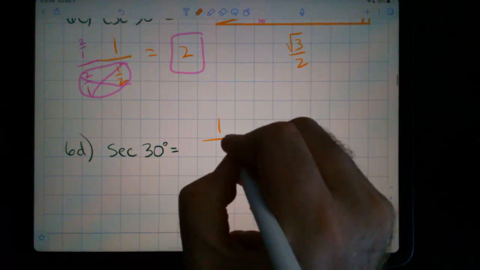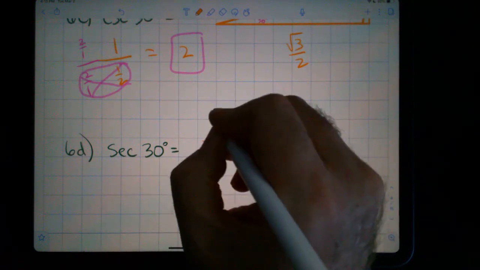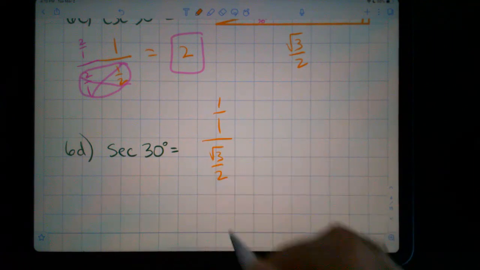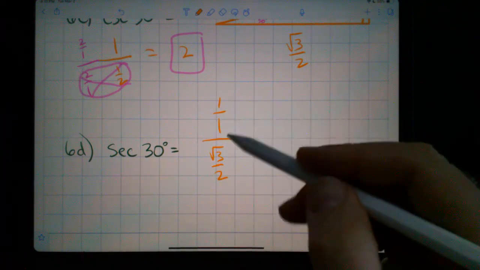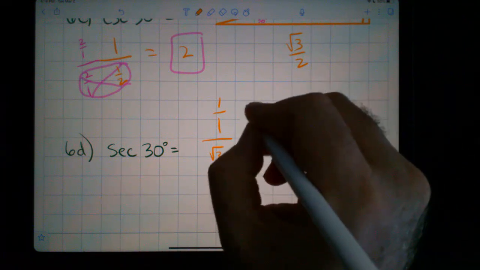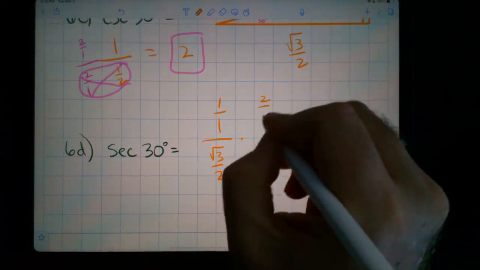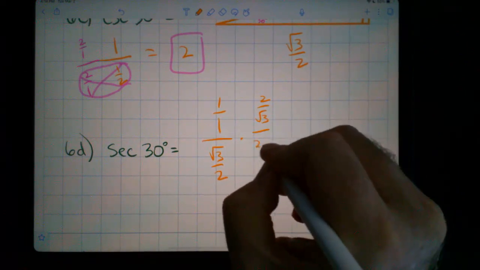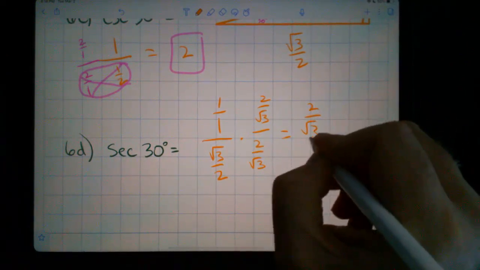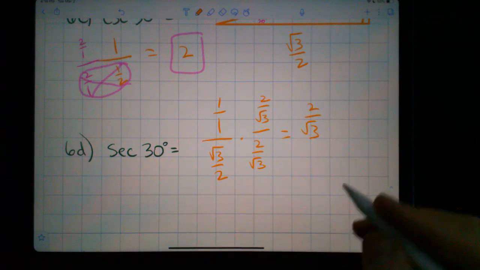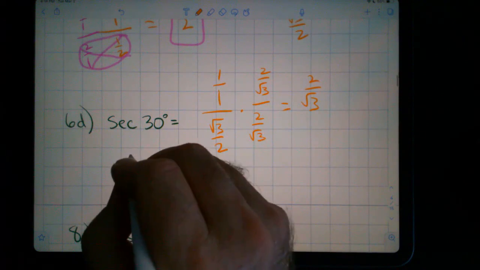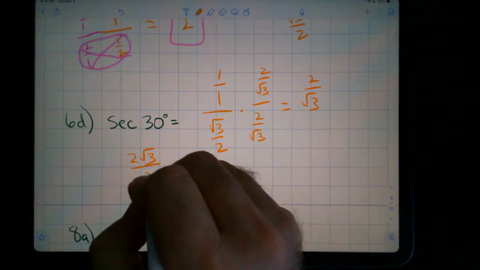So we have the hypotenuse over the x value. 1 over radical 3 over 2. So that now when I multiply this by a non-zero number over itself, I get in the numerator 2 divided by root 3. When I multiply this by radical 3 over radical 3, this is going to give me 2 radical 3 over 3.